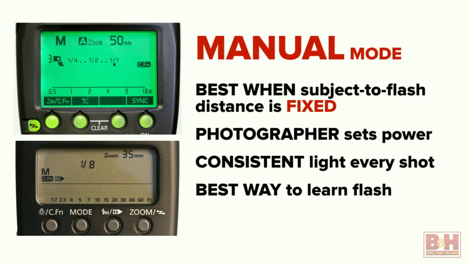Manual flash power. If your subject to flash distance is fixed, like most of the location portraits that I do, it's a fixed situation. Subject standing there, I've got my lights on stands, and I'm working. I might be moving the camera around in a lot of different angles, but because my lights are on stands independent of my camera, their distance is not changing.